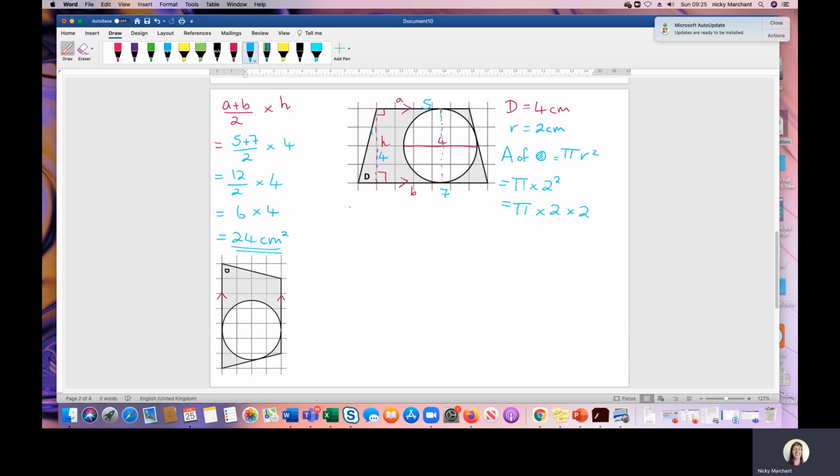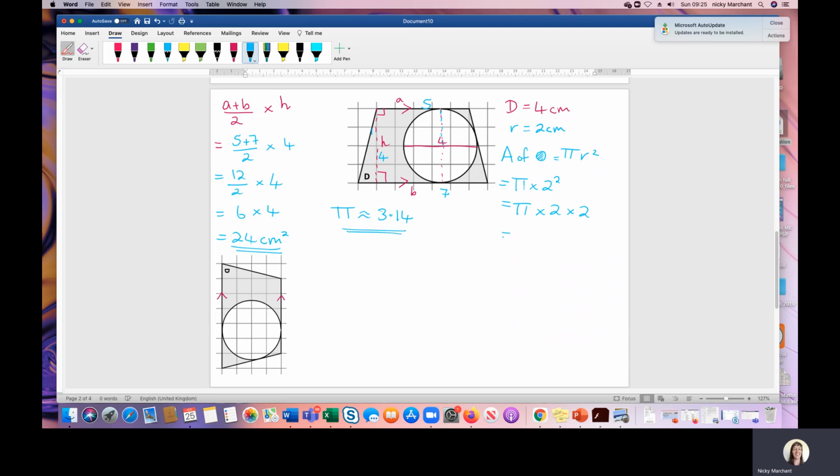Now, if you haven't got a pi button on your calculator, you should always use pi as an approximation. You should use a little bit of accuracy, 3.14. That's your approximation of pi if you don't have a pi button.